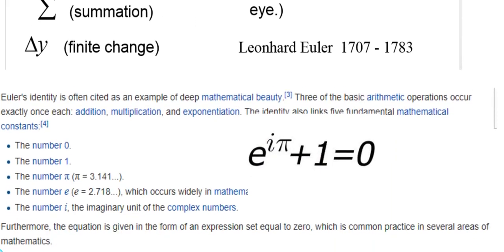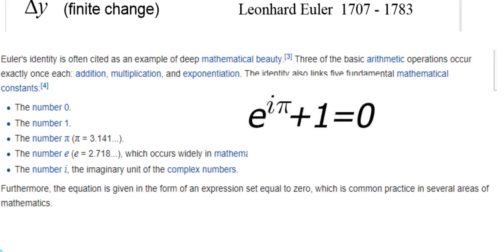We call it e to the i pi. This is called Euler's identity: e to the i pi plus 1 equals 0, where basic arithmetic operations occur exactly once: addition, multiplication, and exponentiation.